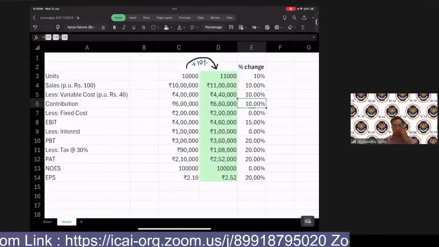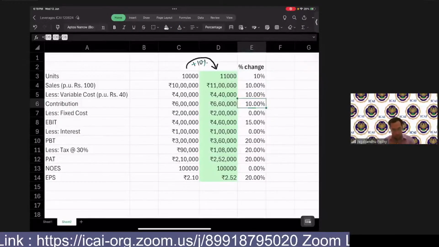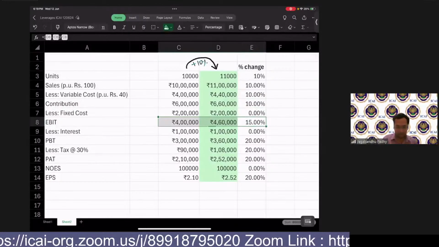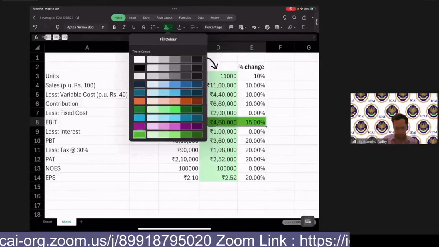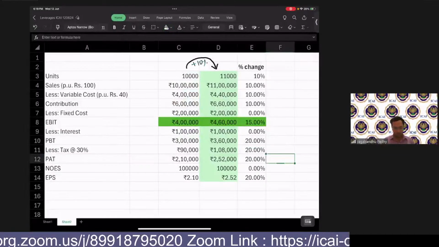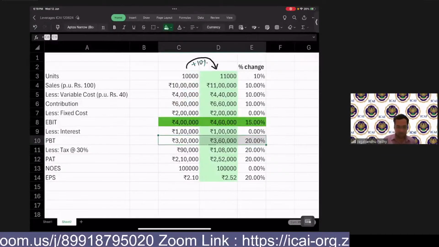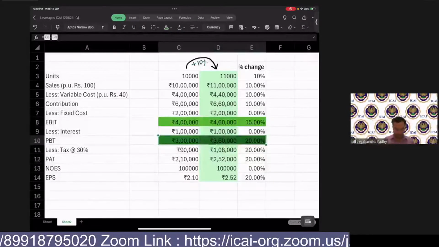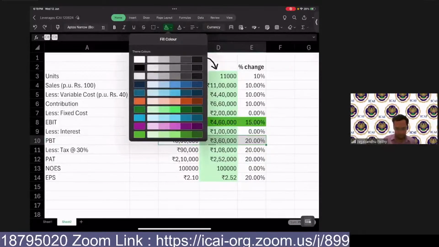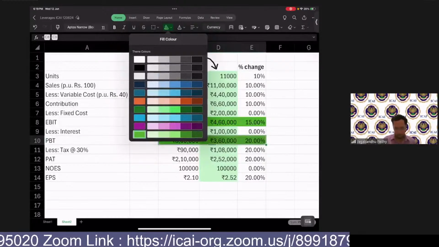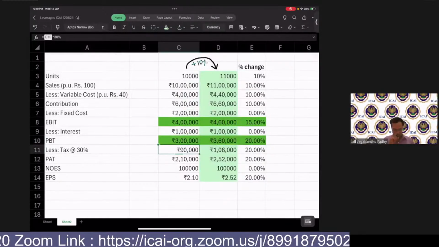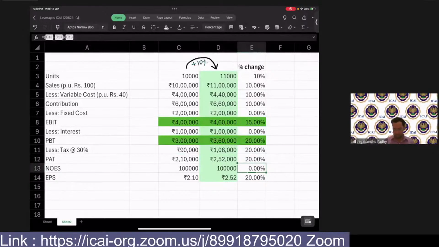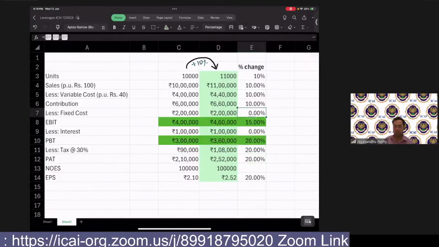Certain numbers that I want you to get: the change in EBIT, followed by the change in profit before tax. And of course, you can see profit before tax and all other numbers, percentages. What do we observe over here?